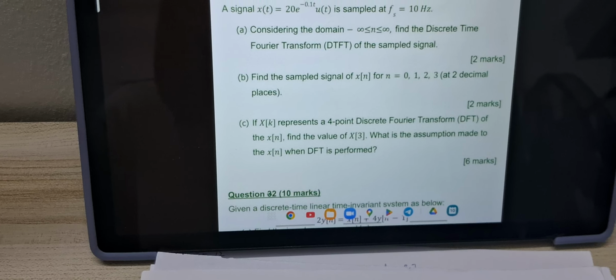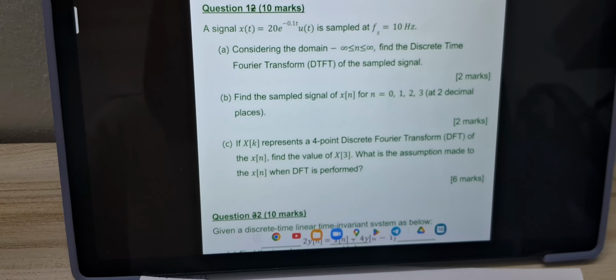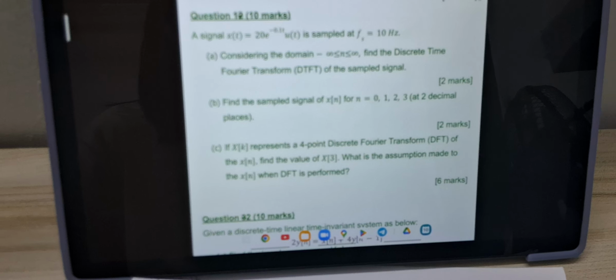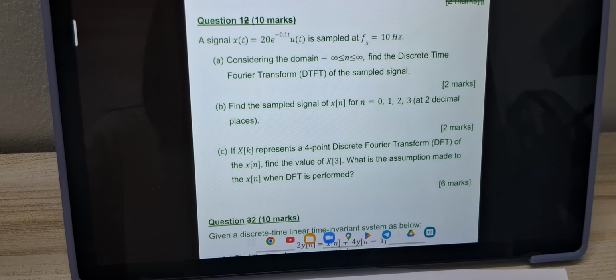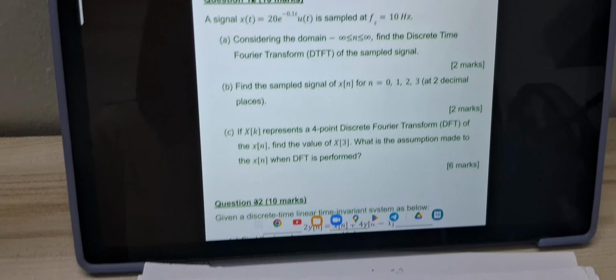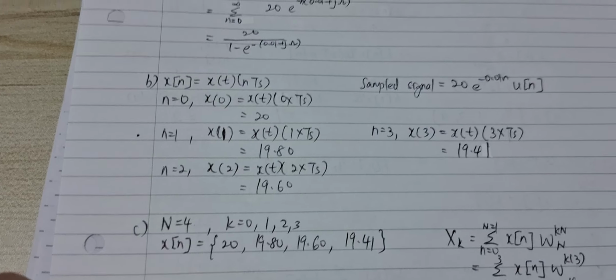Okay. For part b, you need to find the sample signal when n equal to 0, 1, 2, and 3. Okay, this is my answer.